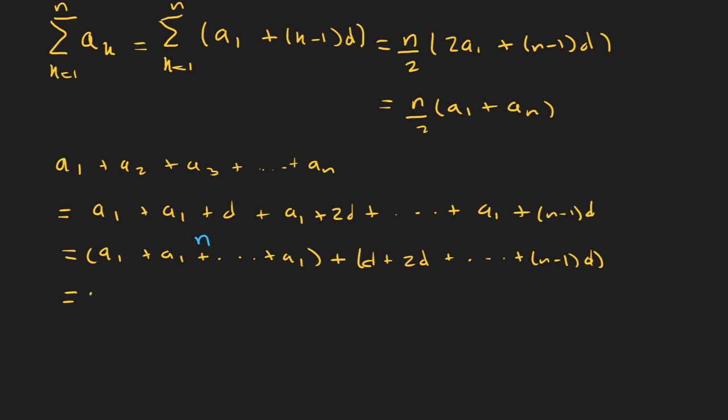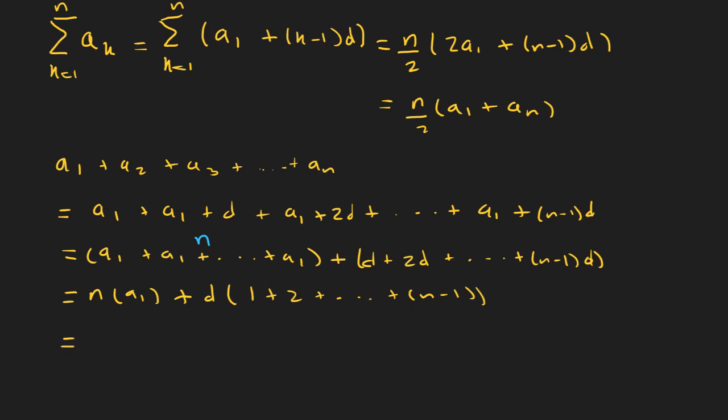So we have n times a1, and we'll just write it like that. But then this here has a common factor of d, so that's going to be plus d multiplied by 1 plus 2 plus all the way down to n minus 1.